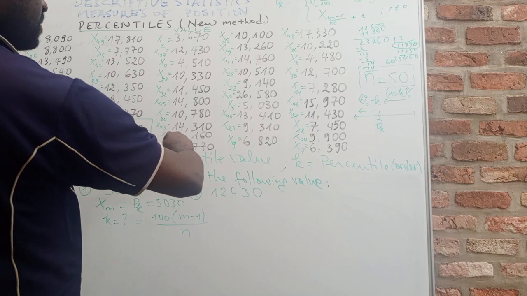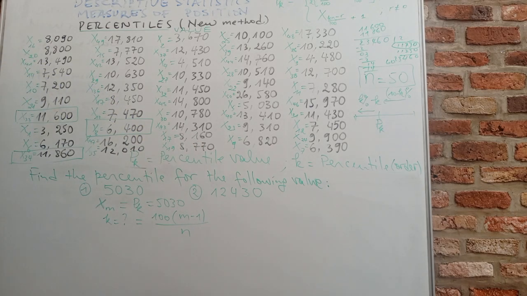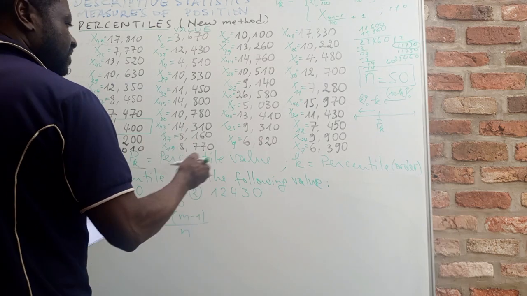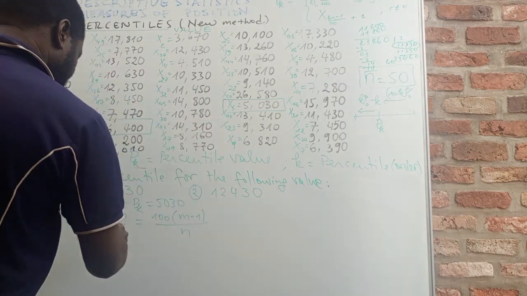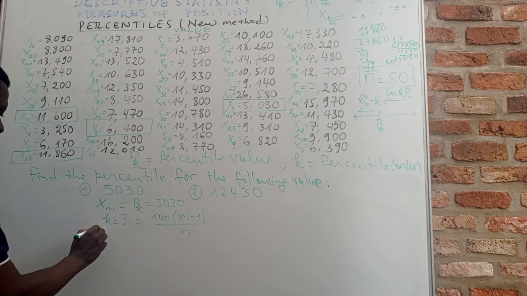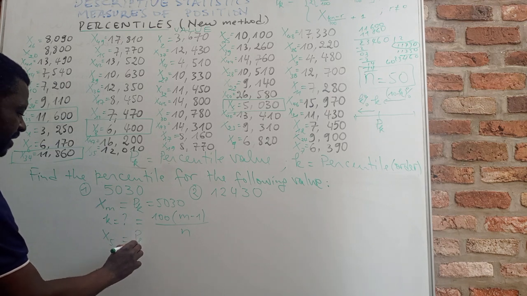I have to watch it very closely. I found it here. It is over here, this element. This means it is x sub 5, so it must be equal to pk.